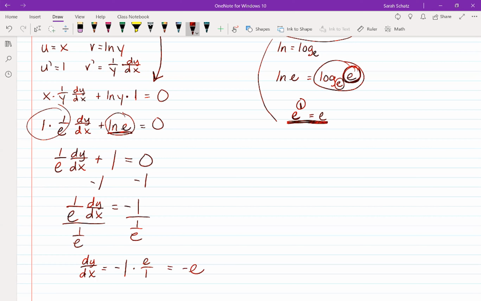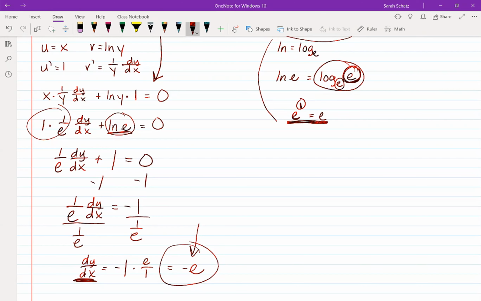So yeah, guys, your dy dx at the point 1 comma e is just -e. And you might look at that and say, what, aren't I supposed to just get a number on these? How could e be the slope of a tangent line? Well, it is, right? E is just a number. So it's fine, even though it says e there. It's not a variable.